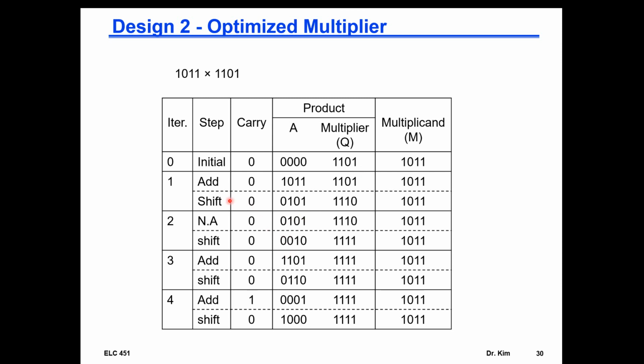After the shift, after you do as many shifts as bits are in your operands, you have your result. So after the 4th shift. Okay? The carries here are inconsequential.